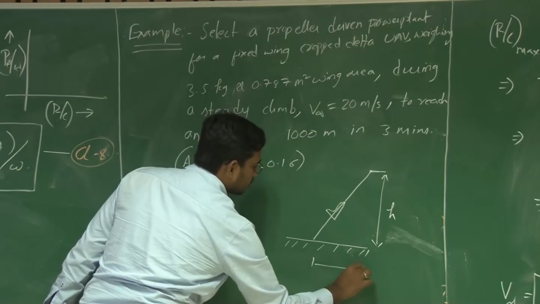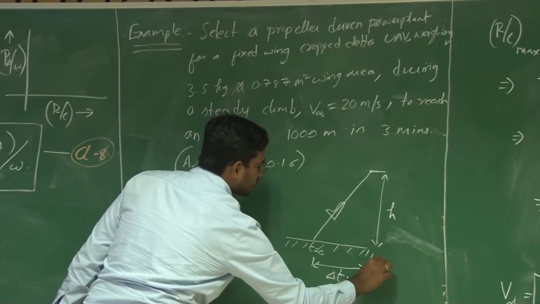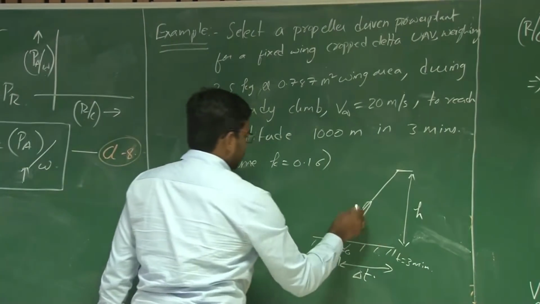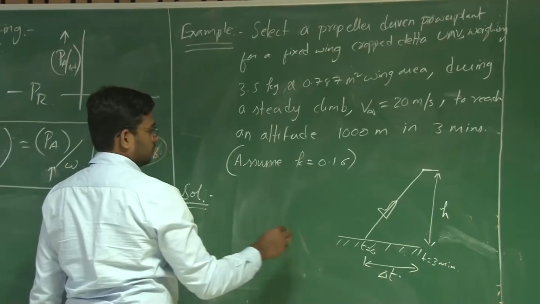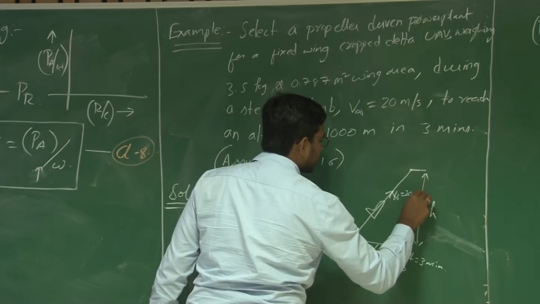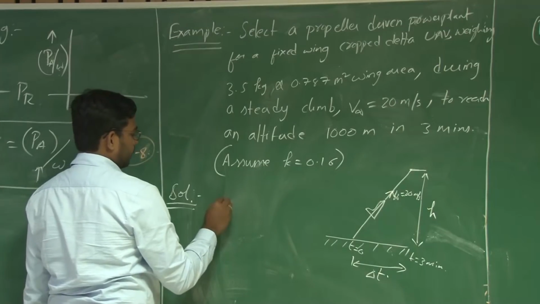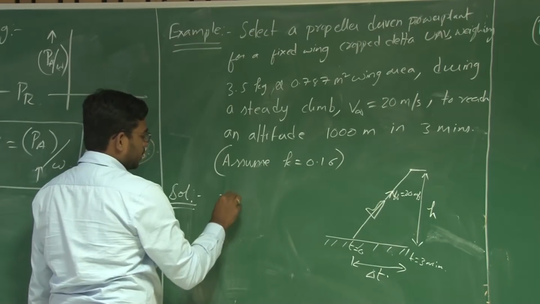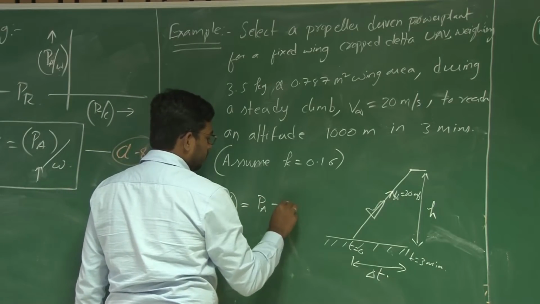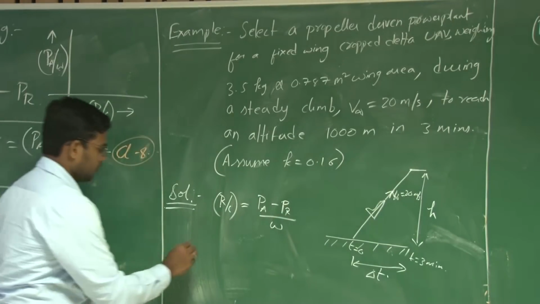So you consider delta t at t equals 0 and t equals 3 minutes. Right. So from our equations, and we know V infinity is equal to 20 meters per second velocity during this climb. So we know rate of climb is equal to power available minus power required, divided by weight of this configuration, right?